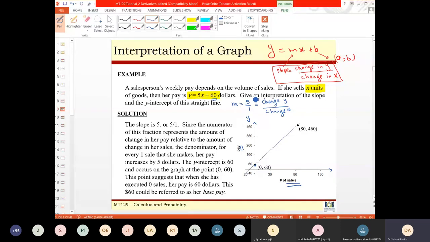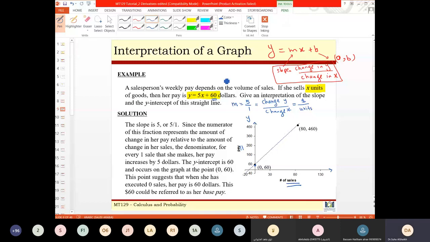So since m is 5 over 1, her pay changes by $5 for each one sale she's making. The y here is the dollars, and the x is the units she's selling. So what does 5 over 1 mean? She's getting $5 for each one unit she's selling.